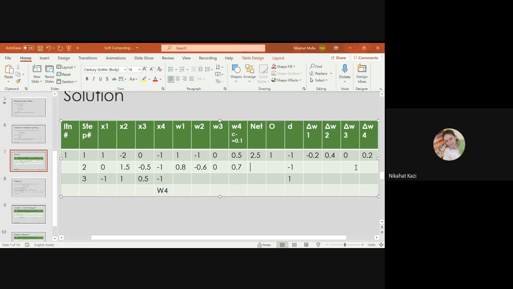Correct? Now, we have the next pattern. So, for the next pattern, multiply these two vectors, the pattern vector and the weight vector, and get the value of net. That is the first step. So, do that. What is the value of net that you get?